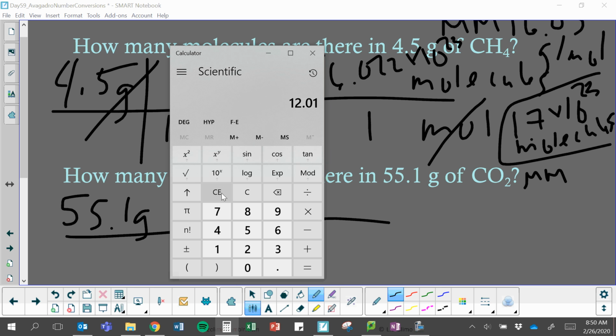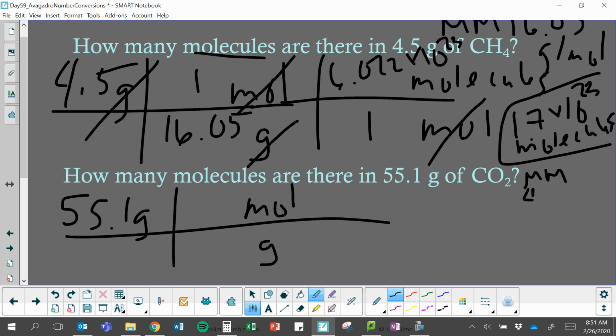So 12.01 is carbon, plus we have 2 oxygen. So our mass is 44.01 grams per mole. So this number will go down here per 1 mole.